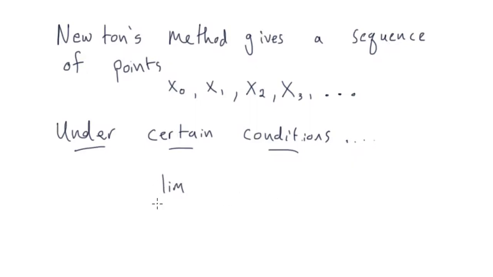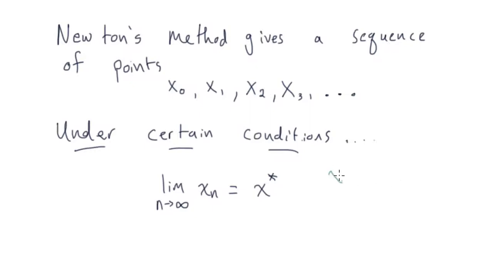the limit as n goes to infinity, so if I just keep doing this process over and over and over again, these x of n's that I'm getting are going to converge to x star. And what do I mean by converge?